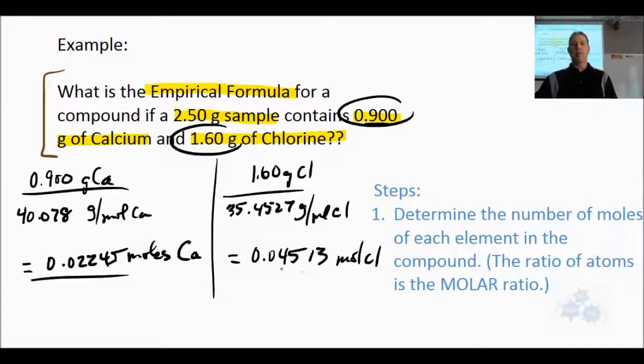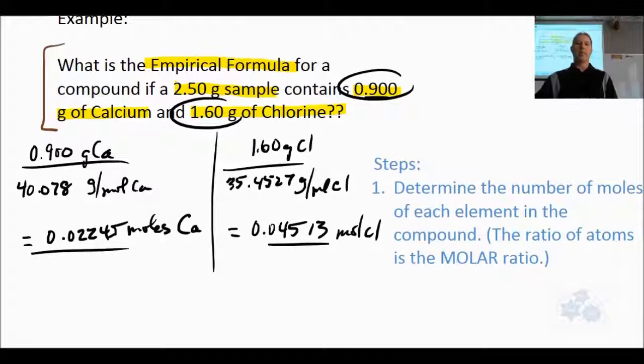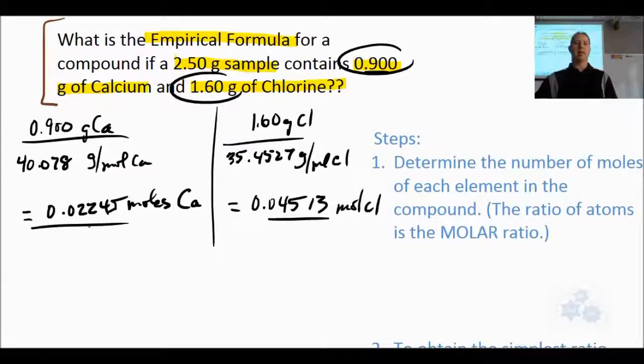Now for step number 2, you can see that there's a molar ratio here. I don't know if you can see this or not, but this right here appears to be half of this one. You see that? 0.022 and 0.045. That's about half.